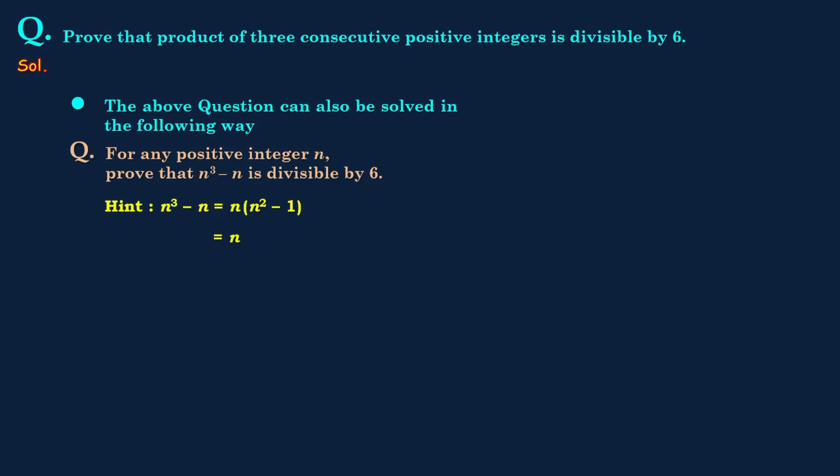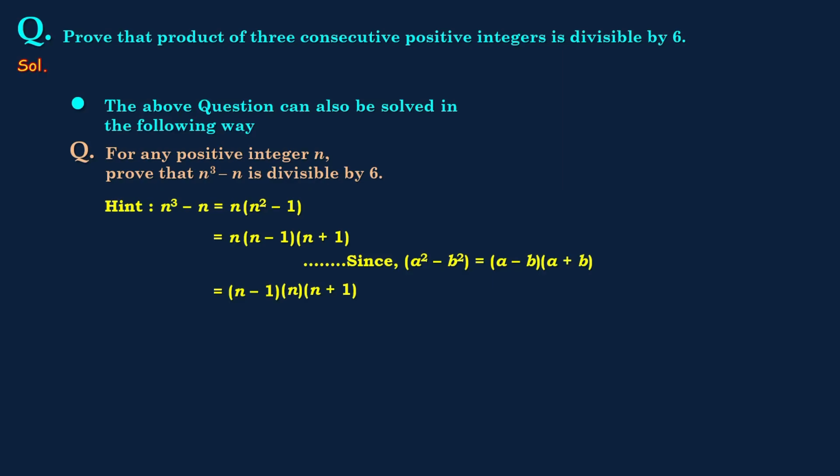And n square minus 1 we can represent using the a square minus b square formula, that is in the form of a plus b into a minus b. Now if we replace that, n square minus 1 will be n plus 1 into n minus 1. If you rearrange it, it is basically n minus 1 into n into n plus 1. That means 3 consecutive positive integers.